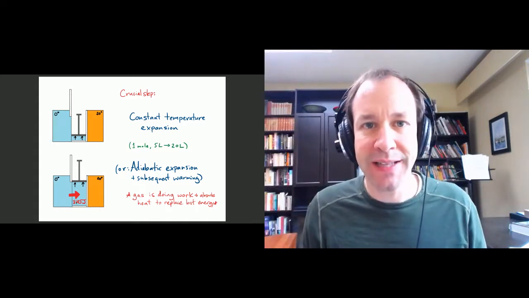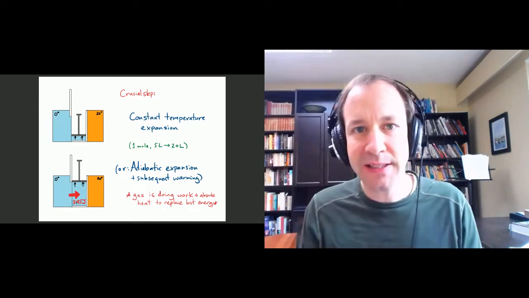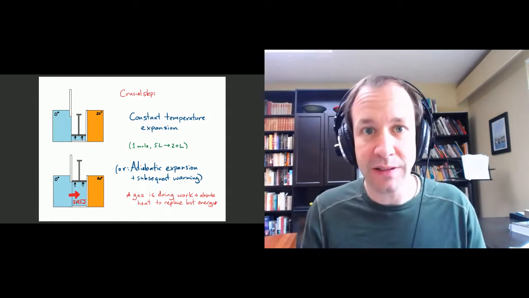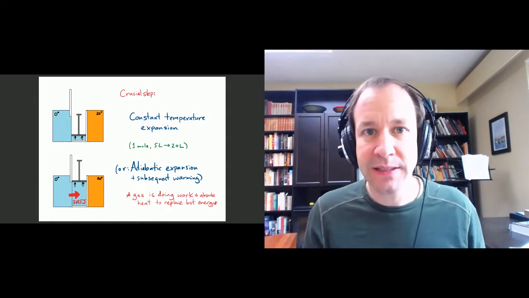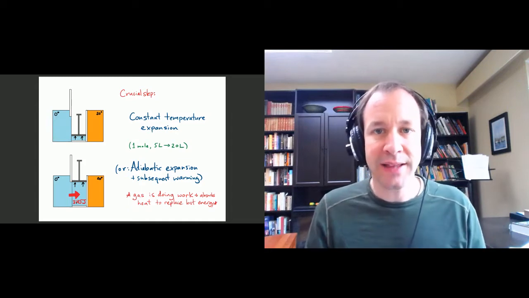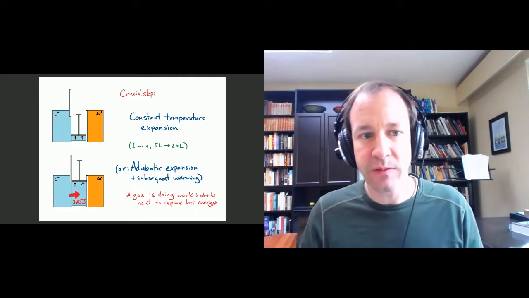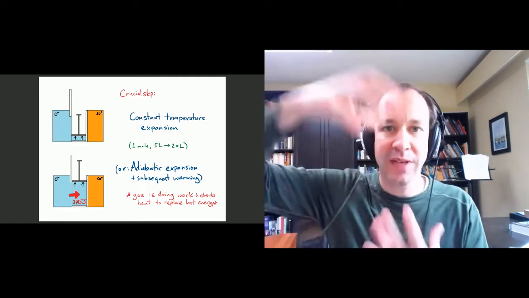And what will happen in that case is that during the adiabatic expansion, the gas in the cylinder will actually cool down a lot. And the reason is that for an adiabatic expansion, Q equals 0, and the change in internal energy then is equal to negative W, which is positive because we have an expanding gas.